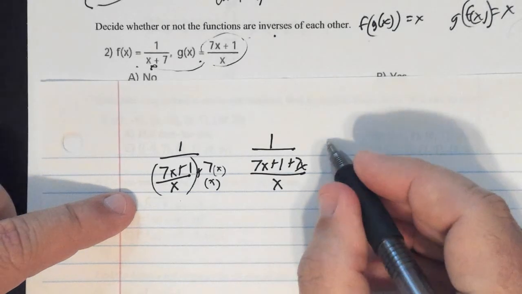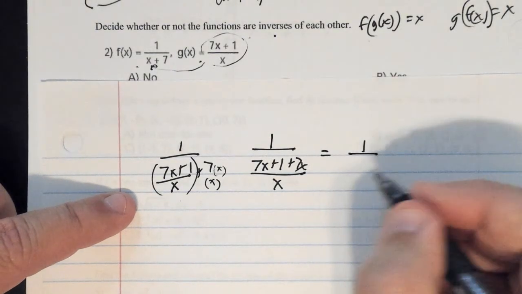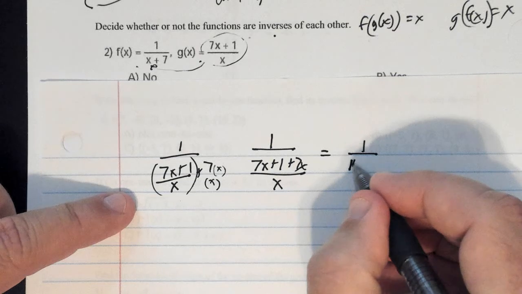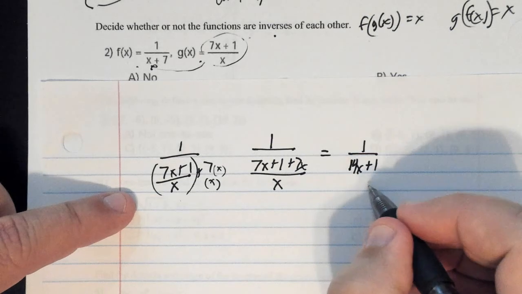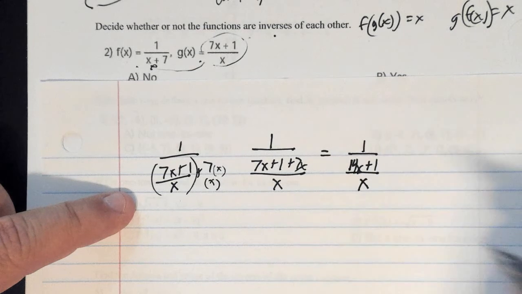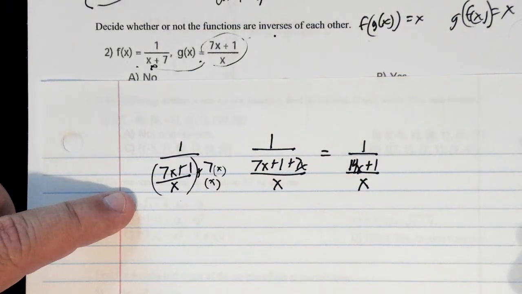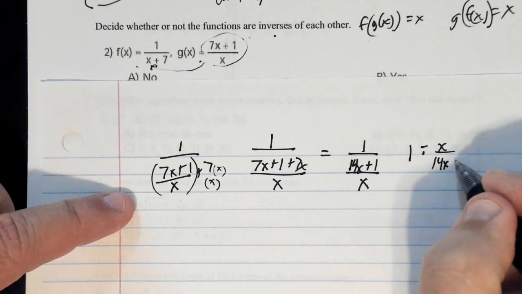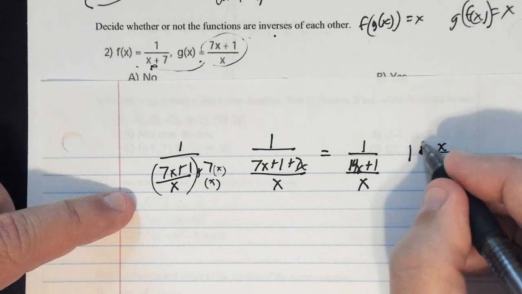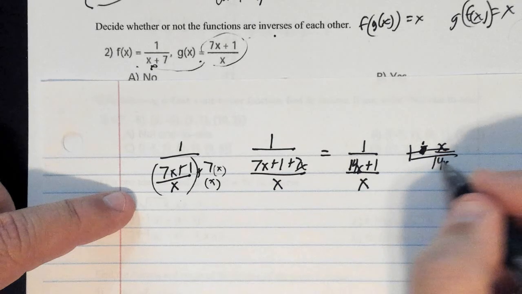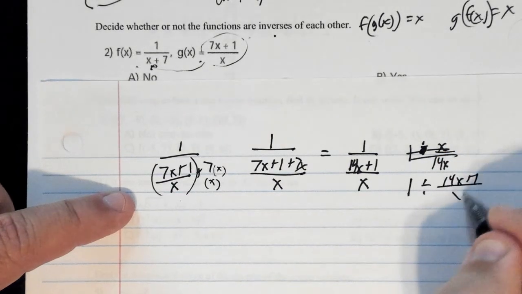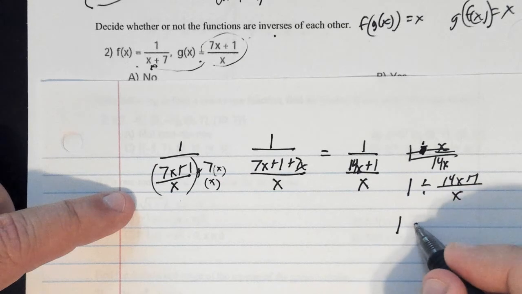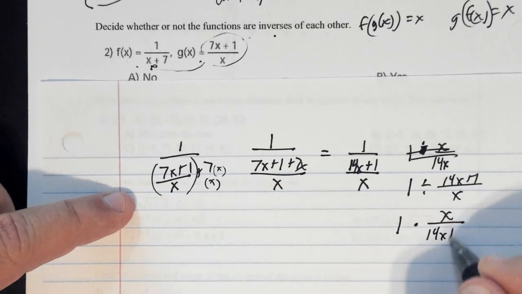I'm right so far. This should be 1 over 14x plus 1 over x. Which would be 1 divided by 14x plus 1 over x, which would be 1 times x over 14x plus 1.